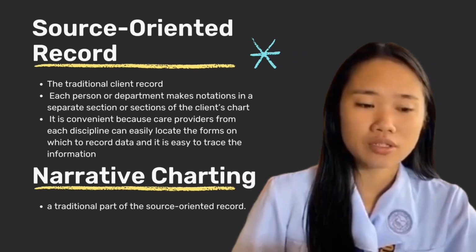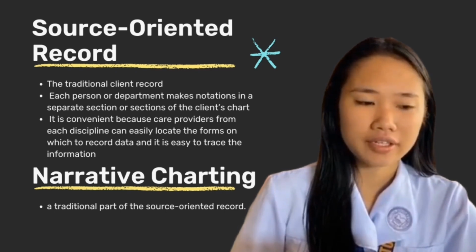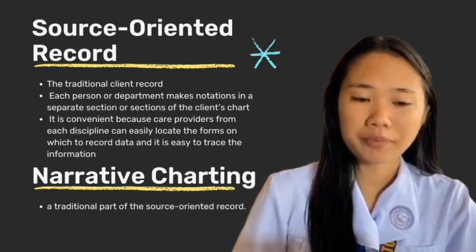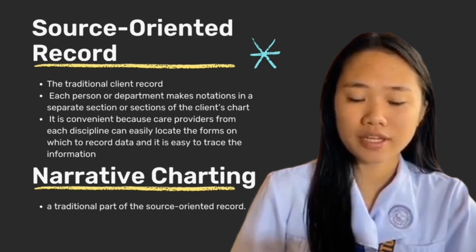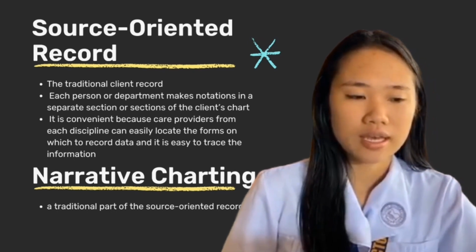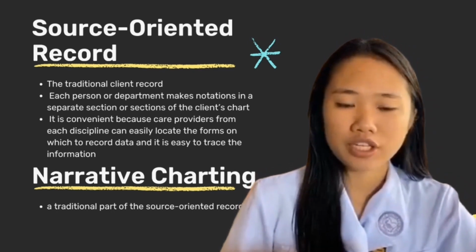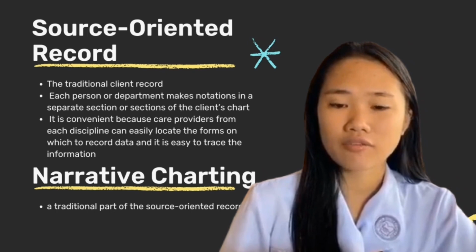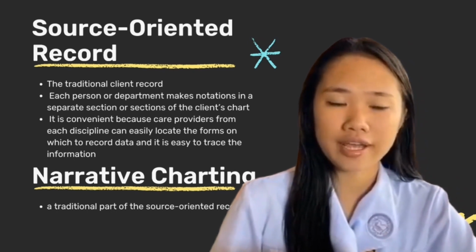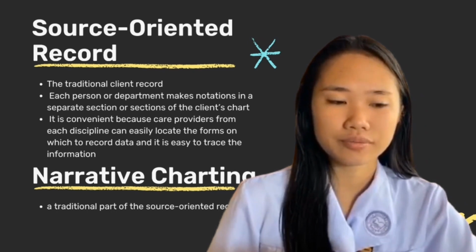Number 2, source-oriented record. In the traditional client record, each person or department makes notations in a separate section or sections of the client chart. It is convenient because care providers from each discipline can easily locate the forms on which to record data, and it is easy to trace the information.